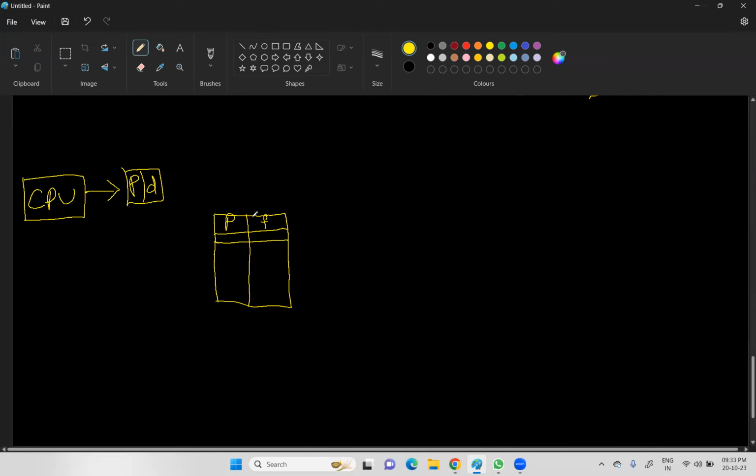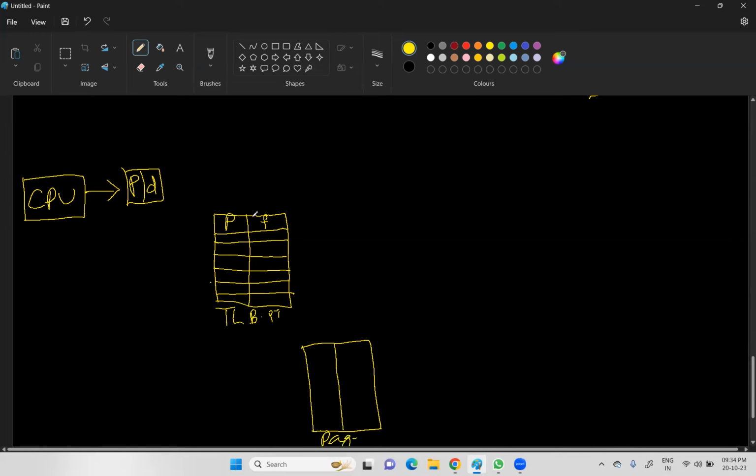But the search operation will be somewhat different when compared to the page table. And of course, the actual page table is also available. This is the TLB page table, and here it is the page table.